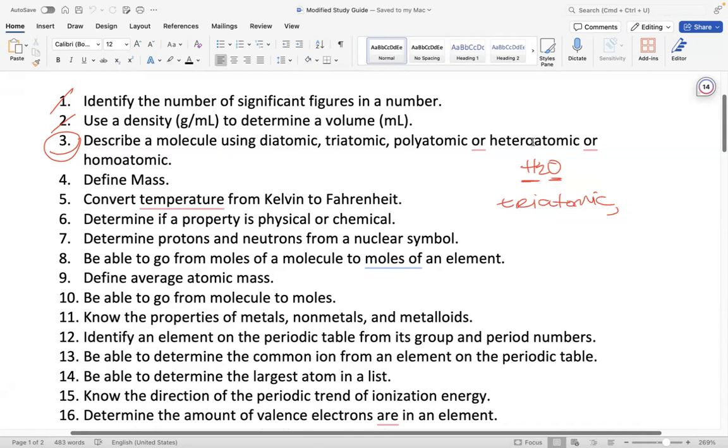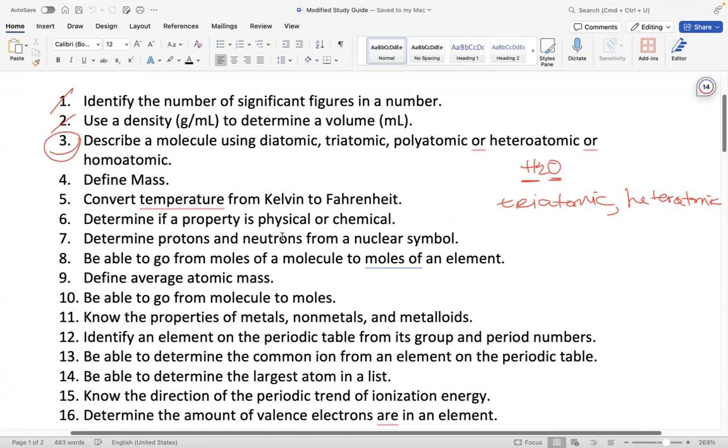And then is it heteroatomic or homoatomic? Are all the atoms the same or different? So hetero, different. Right. So you would describe this, or you would choose the multiple choice that said triatomic, comma, heteroatomic. Hetero means different, right?